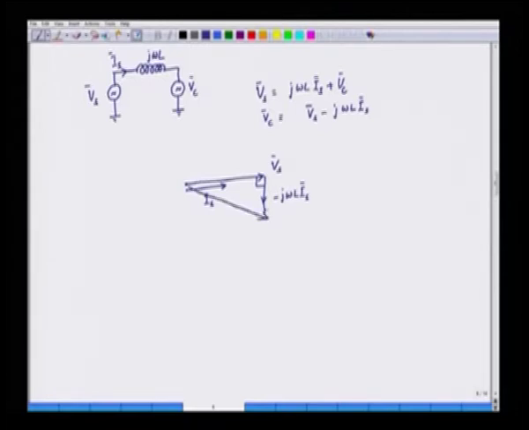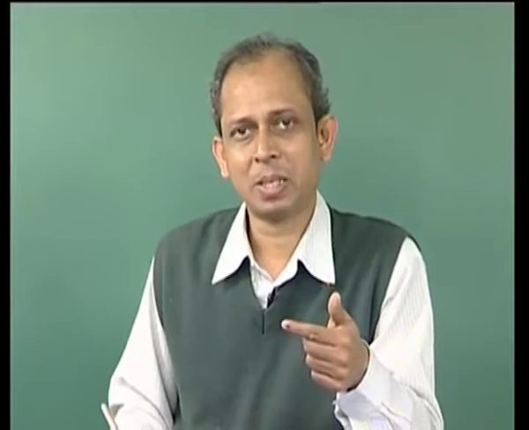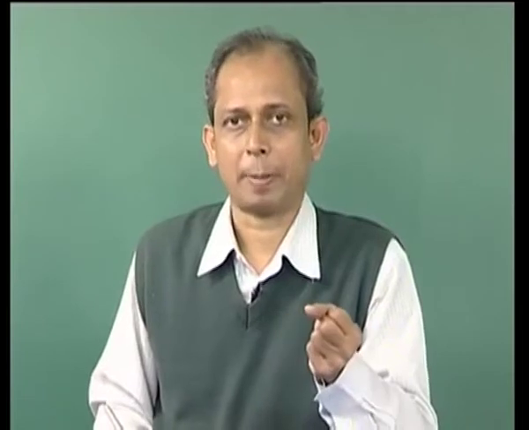This is a vector triangle, and the third side would be the V converter. Now, here we have fulfilled our criteria that the input power factor is unity. So, the input power factor is maintained unity because Vs and Is are in phase. If we can control as per this phasor diagram, we can ensure that the input power factor of the converter is 1. The input power factor which is drawn by the front end converter is 1.